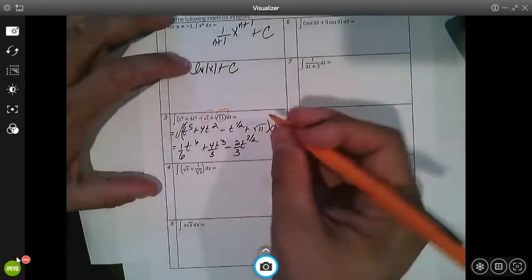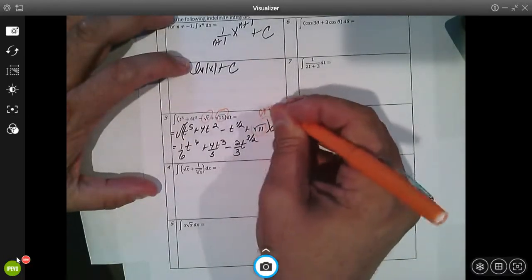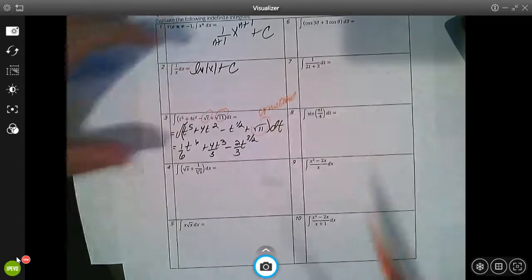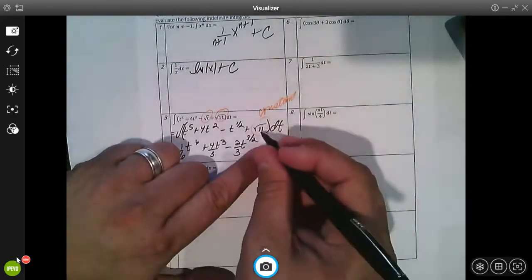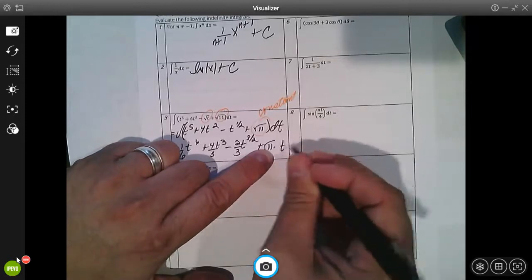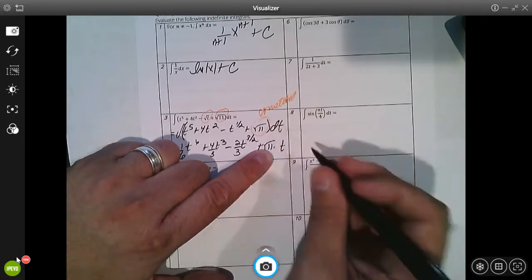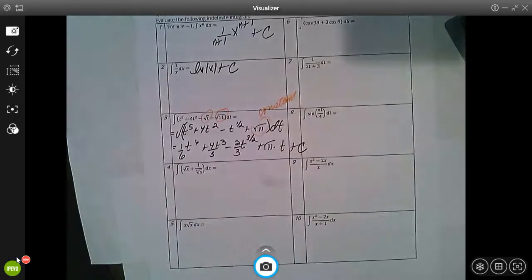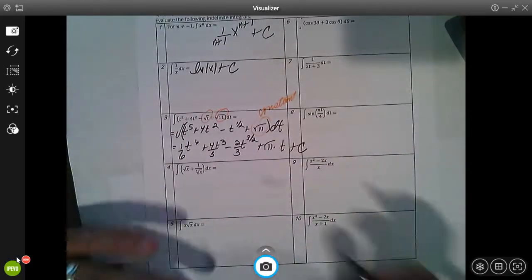Now the square root of 11 is a constant, not a variable. What's the integral of the square root of 11? It's just going to be the square root of 11 times t, because t is my variable of integration, plus Charlie.